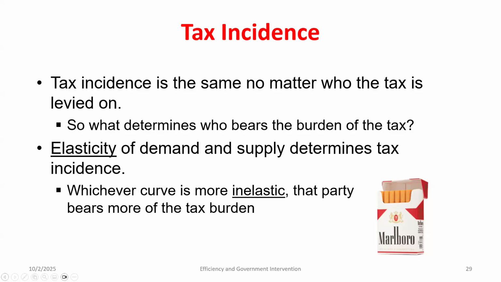So if I'm really responsive or I'm more elastic, I'm going to be the person that can avoid the burden of that tax, right? So whoever is more elastic, well, they're going to bear less of the burden, right? They can avoid the burden of that tax, right?